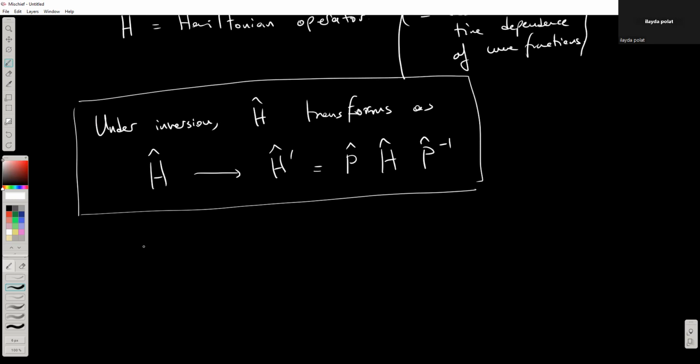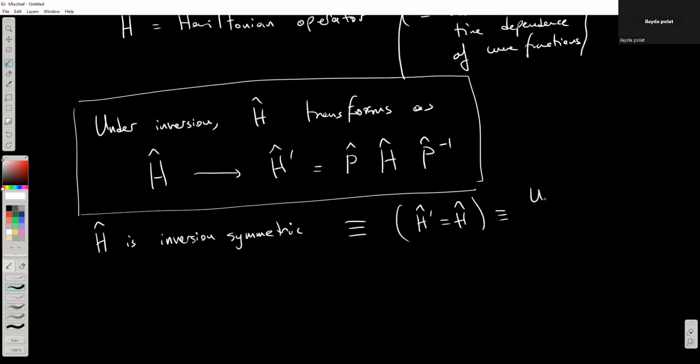In that case, we say that H is inversion symmetric if under inversion the Hamiltonian does not change. Let's also write this in words: under inversion, H does not change.